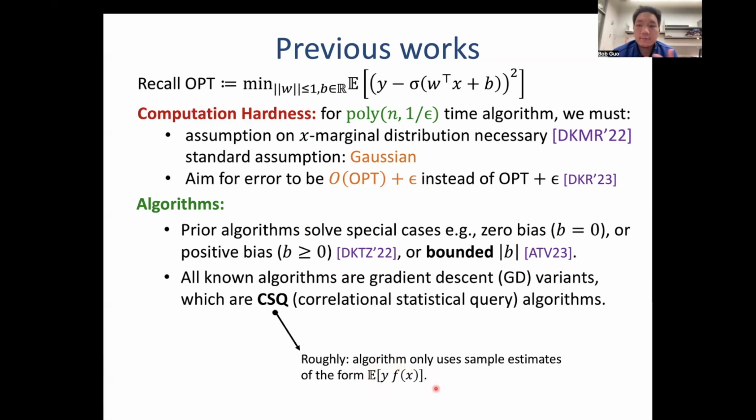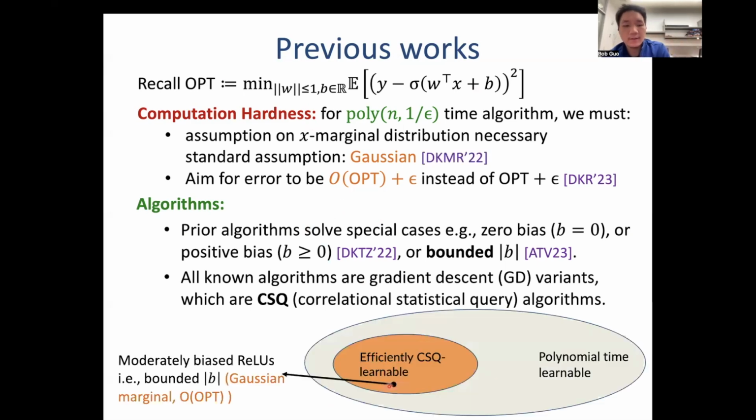We view this as a restriction because the algorithm only uses these values instead of doing whatever it wants with the samples. Okay, so here's the landscape of what is known until now. Moderately biased ReLUs, aka those with bounded bias B, are efficiently CSQ learnable.